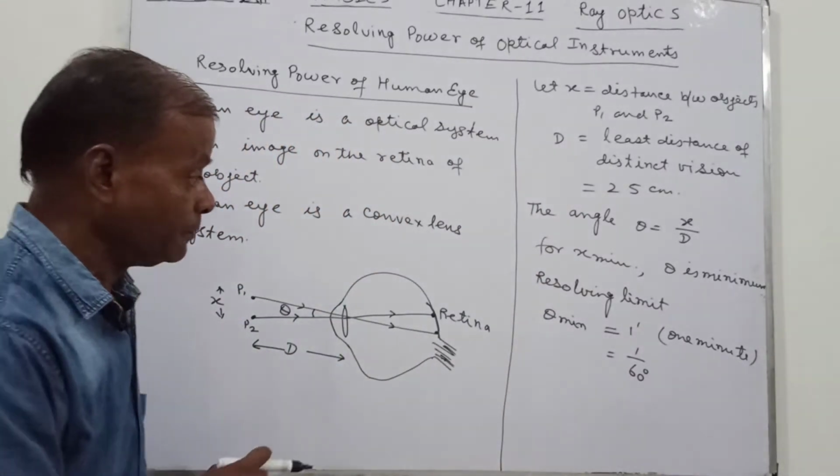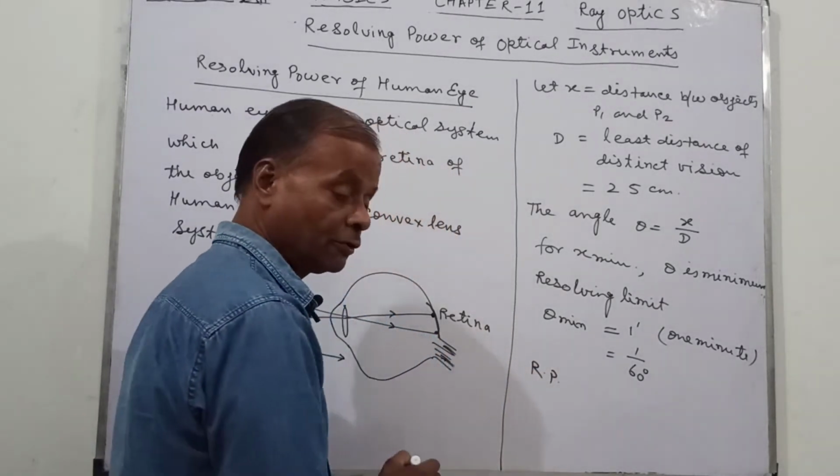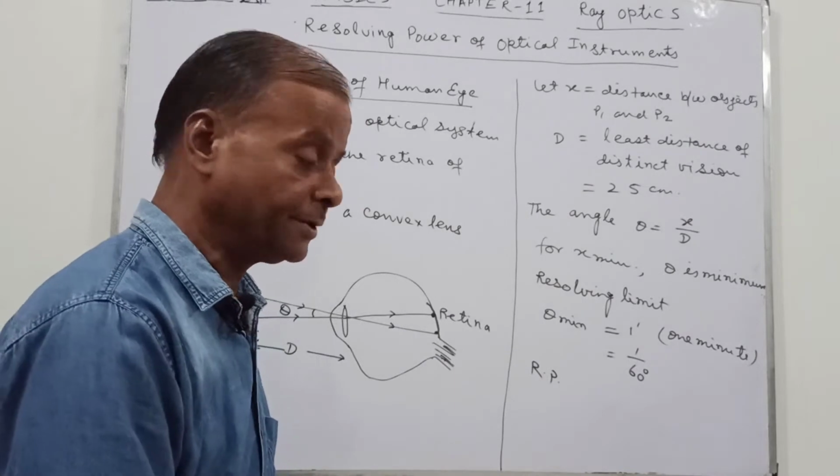Now if we take the resolving power, the resolving power is the reciprocal of the resolving limit.